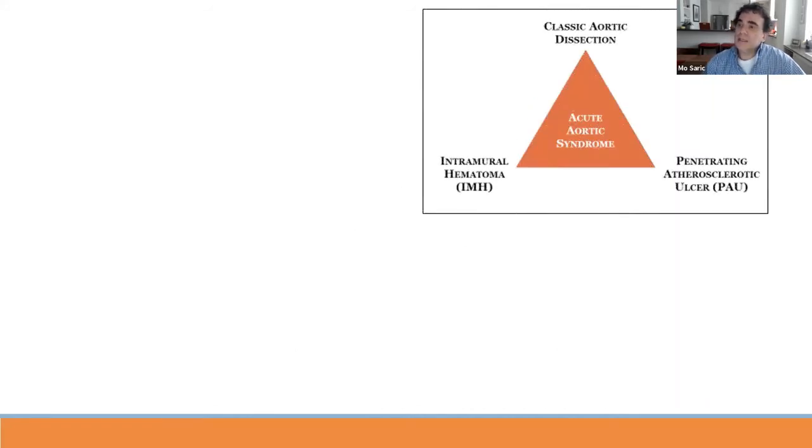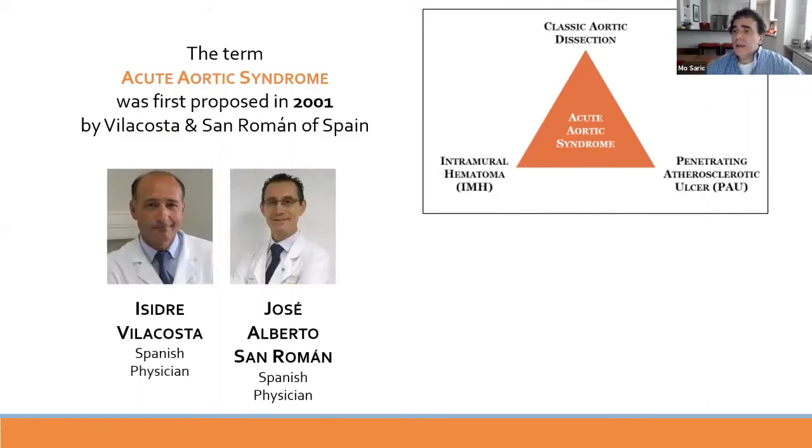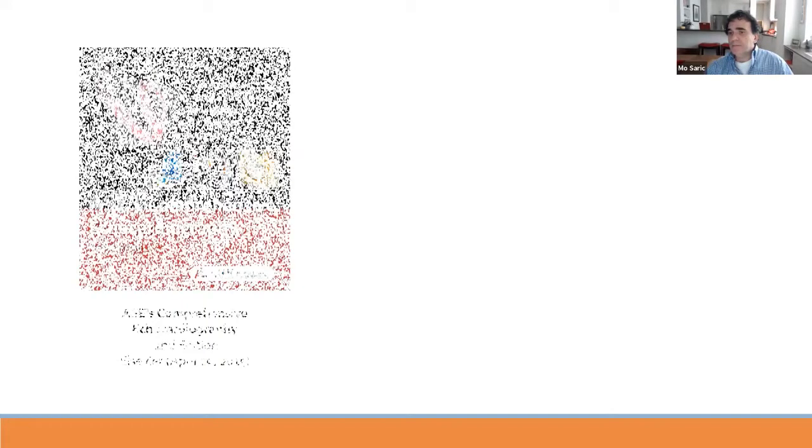Again, these are the three elements of the acute aortic syndrome. It was first described as such in 2001 by Vilacosta and San Roman of Spain, and now acute aortic syndrome is commonly used in clinical practice. This is their original publication, an editorial in Heart Journal in 2001.